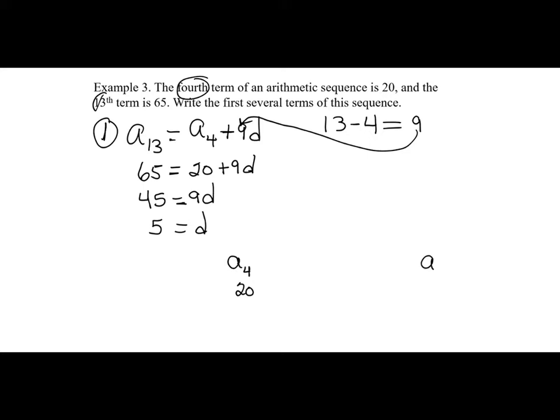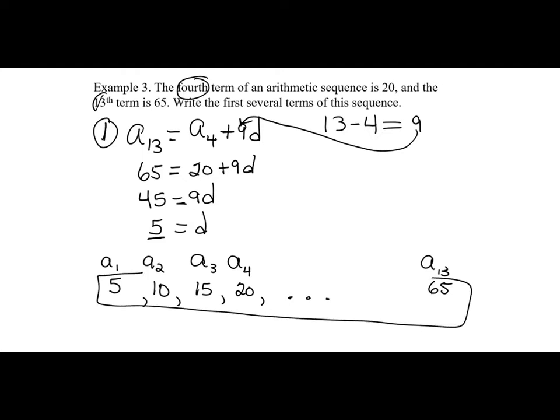If I go to a sub 13 and get 65, then I know it keeps going up by 5, because that's my common difference, which means a sub 3, or my third term, would have to be 5 less than 20, which is 15, and my a sub 2 would have to be 5 less than that, which is 10. Finally, my a sub 1 would have to be 5 less than that, which is 5. So here are the first several terms of the sequence, and if I wanted to keep going, I could. This is how I find my answer.